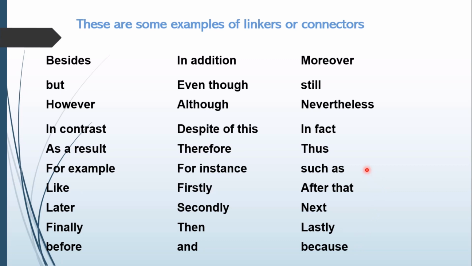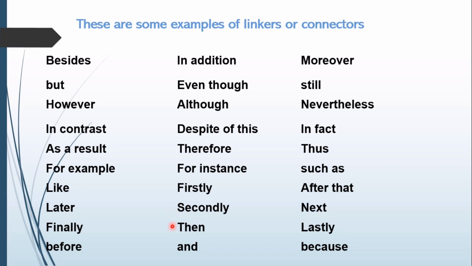Now, when you use linkers, they actually have an impact on your writing. They show opposite ideas, or they join your ideas, or they give more ideas that are added on to the ideas that you had earlier. Or even showing sequence, like later, finally, firstly, secondly.